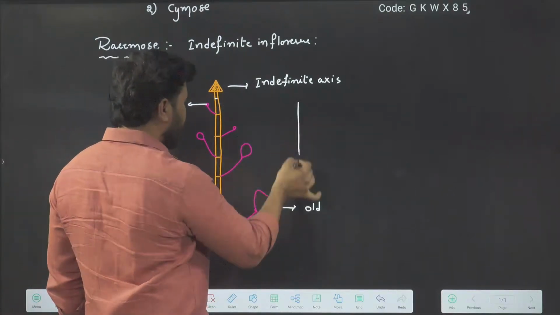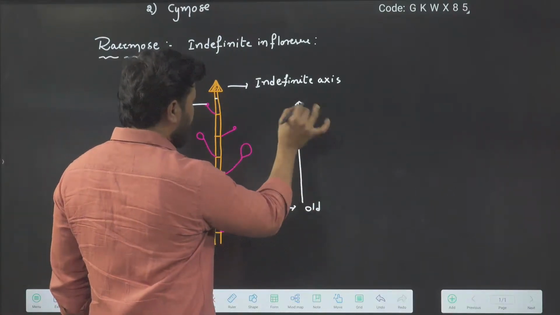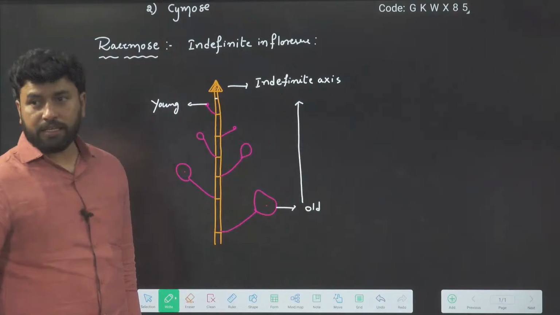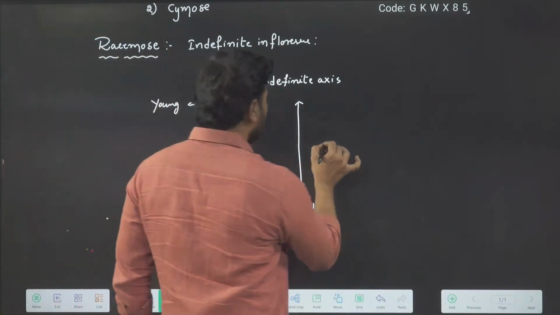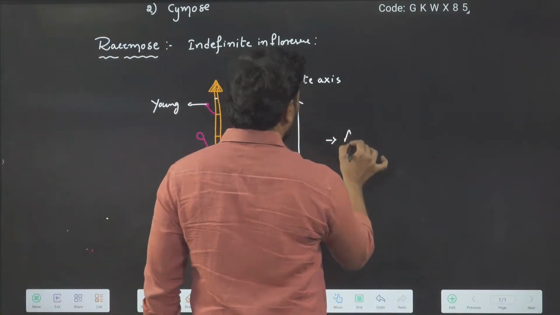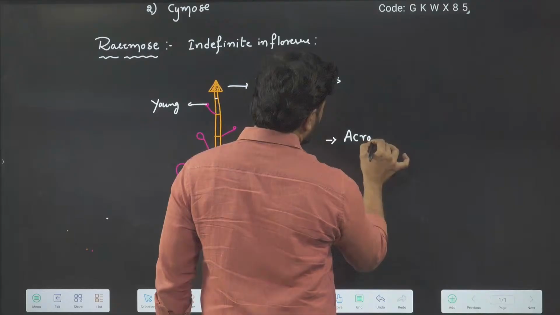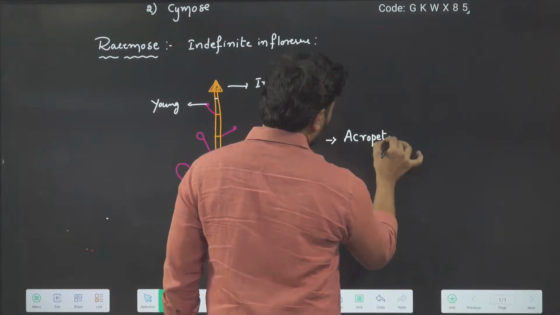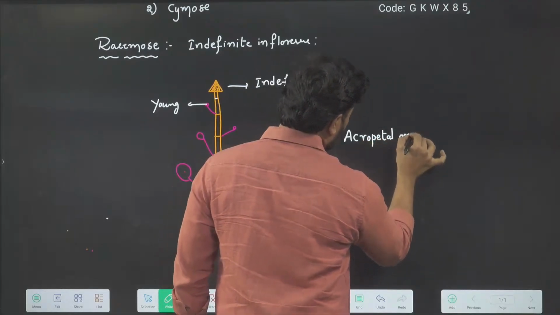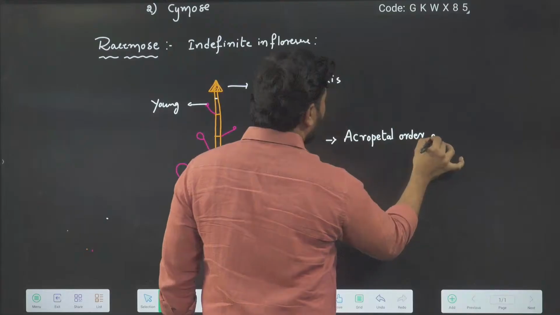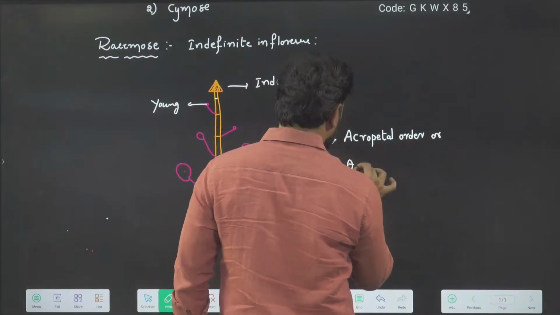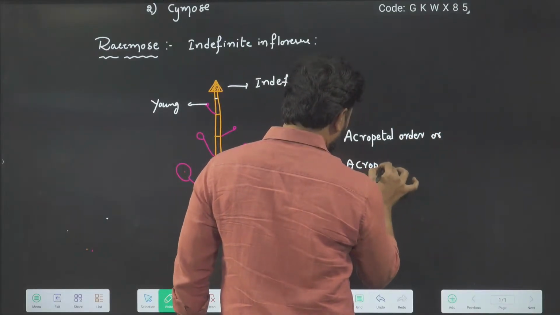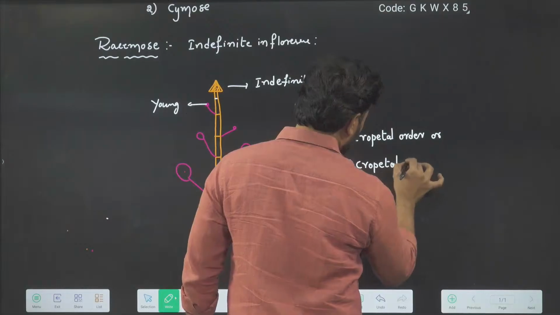Old flowers are at the base, young flowers are at the top. That arrangement we call acropetal order, or acropetal succession.